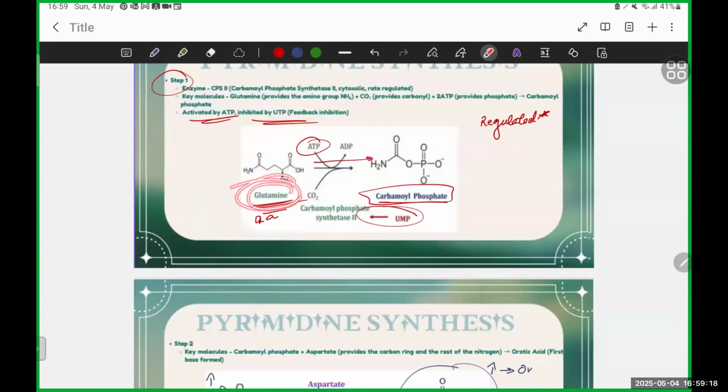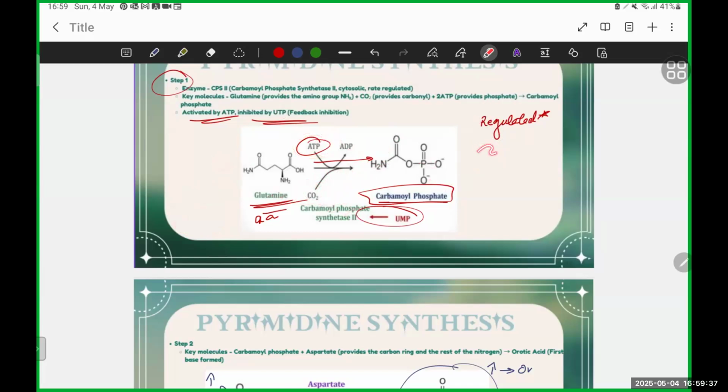What are you adding to glutamine? Glutamine gives you the nitrogen part, right? You need a carbon part too, right? You're going to get that here. Okay, and you need phosphate, and you're going to get phosphate from there.